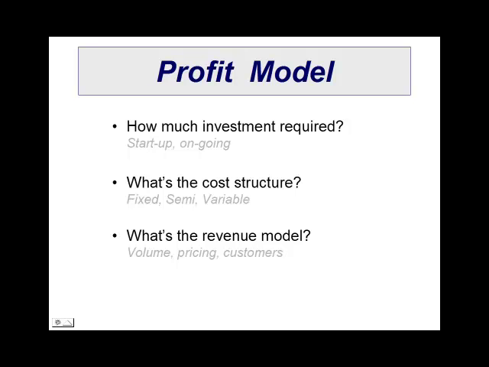The third question asked when pinning down a profit model is, what's the business revenue model? That is, how are revenues actually generated? From which targeted customers do they come? Are all the revenues transactional at the front end when a product is purchased, or are they fully or partially recurring over time? Think leases, subscriptions, and maintenance contracts where part of the revenue flows long after the purchase.